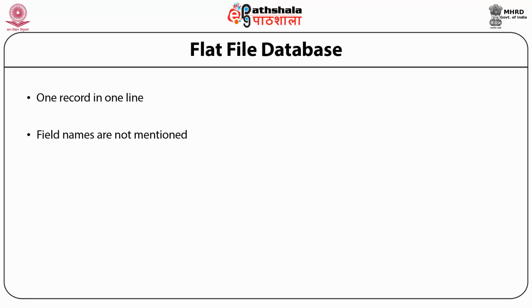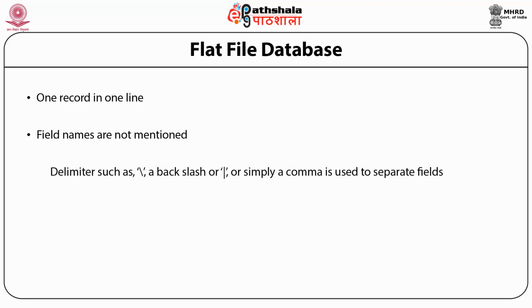However, to separate the data value in each field in this way, an identification mark is required to be placed between two fields. This mark or character is known as a delimiter. This delimiter character may be any unusual character which is not found in the data values of the records.